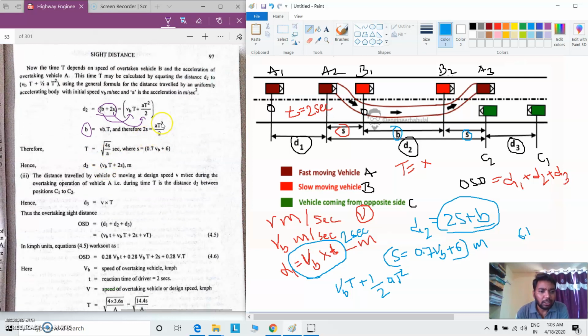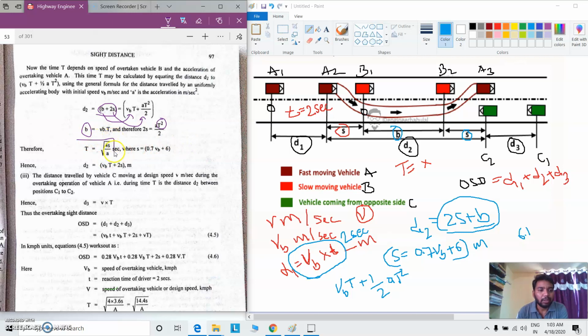Then we need to know what t is. As we discussed, t depends on the spacing, that is the design speed of vehicle b, and the acceleration of vehicle a, and that is what we consider as 4s by a.